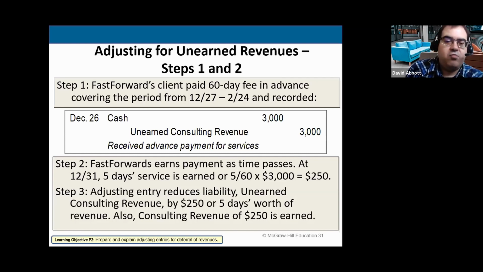At 12/31, 5 days of service is earned, or 5/60ths of the 3,000, which is 250. So we have to do an adjusting entry that reduces the liability of unearned consulting revenue by 250, or 5 days' worth of revenue. And then also consulting revenue of 250 is earned.